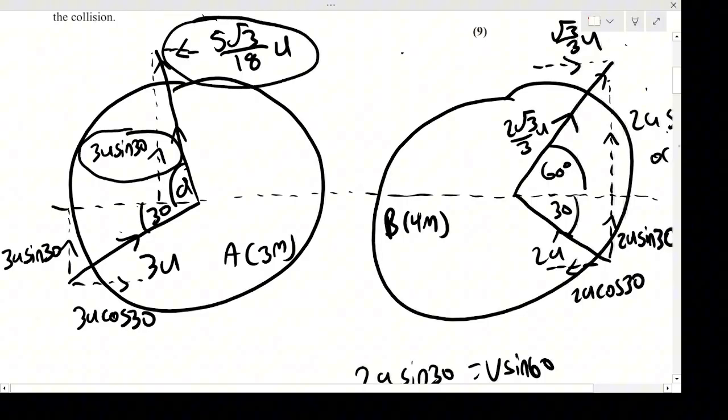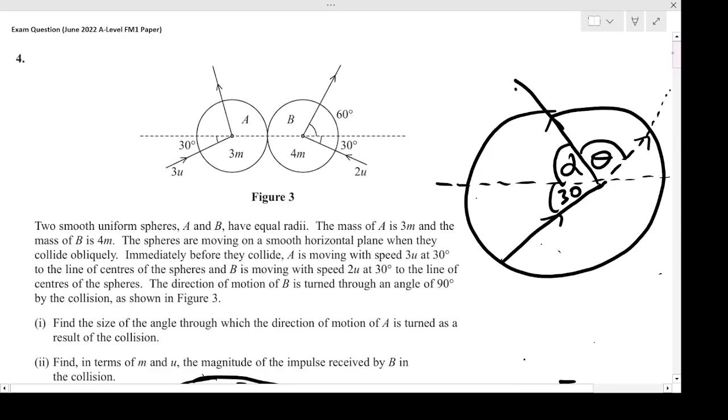And so I can use my usual SOHCAHTOA. I can find tan of alpha by these two components, my parallel and perpendicular components, with this little triangle I've got. So hang on a minute, I can work out alpha.